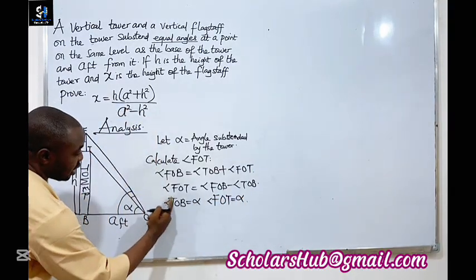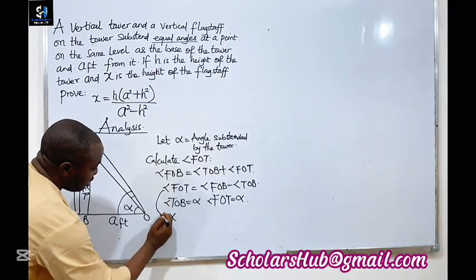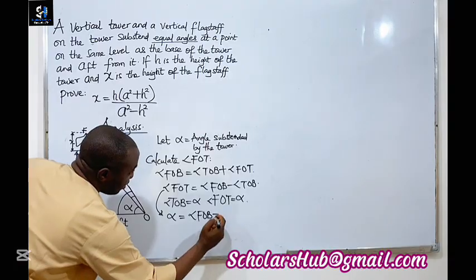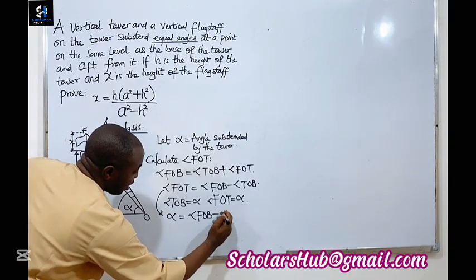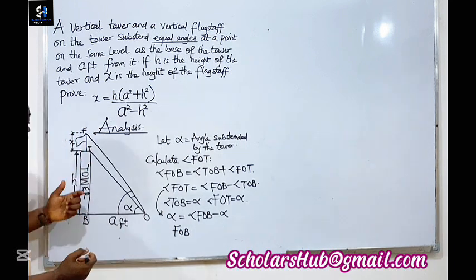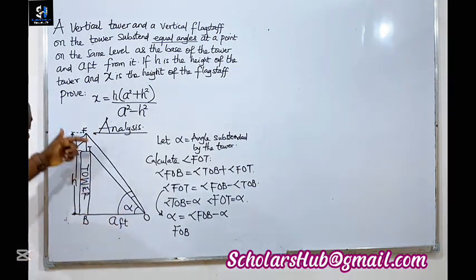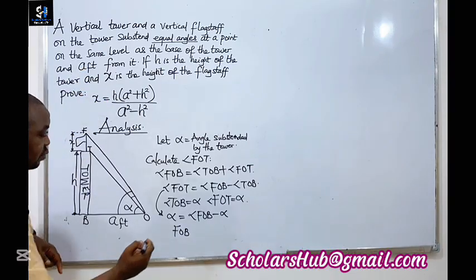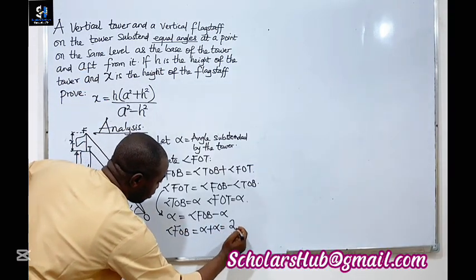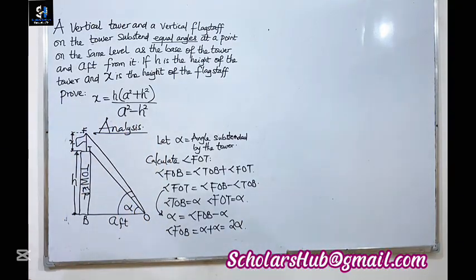So in that case, we're going to have alpha equals angle FOB minus alpha. So FOB, which is the angle subtended by the flagstaff at a point on the same level, will be equal to alpha plus alpha, which is 2 alpha.